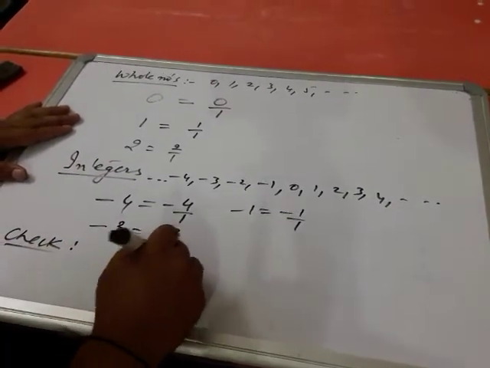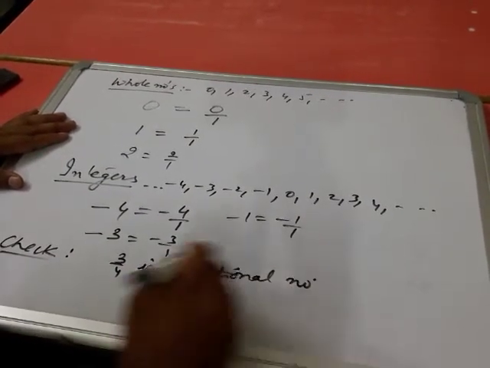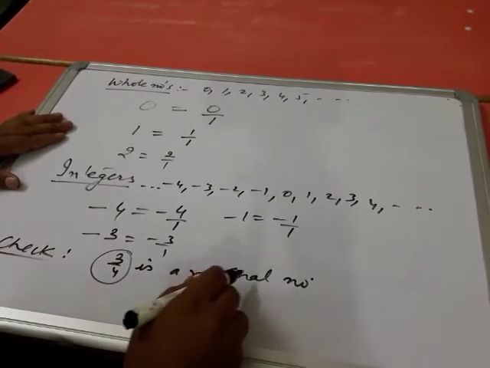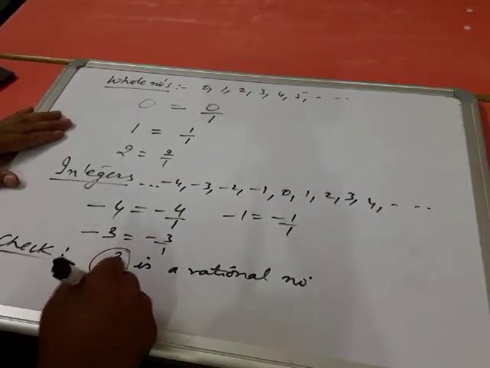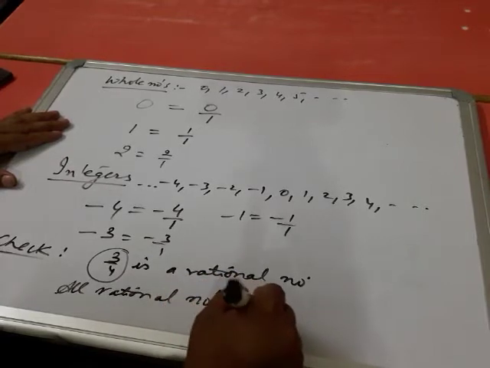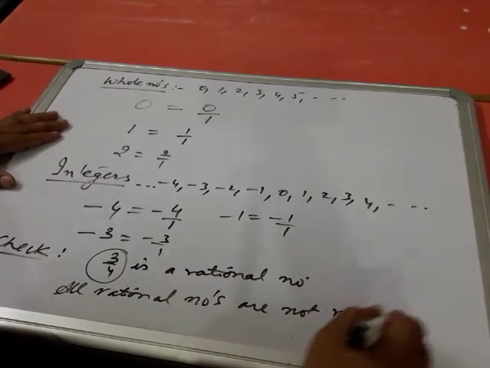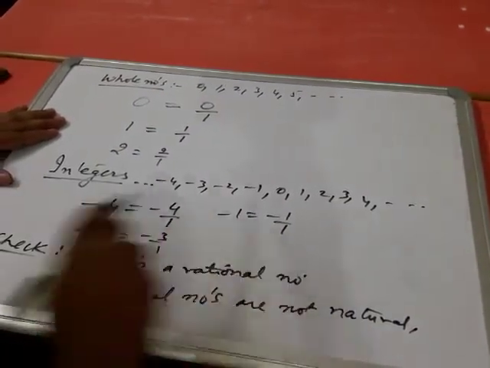Now 3 upon 4 is a rational number, but it is not a natural number because it is a fraction. So all rational numbers are not natural numbers. Therefore we conclude that rational numbers are not necessarily natural numbers, whole numbers, or integers. In the same way we can prove it.